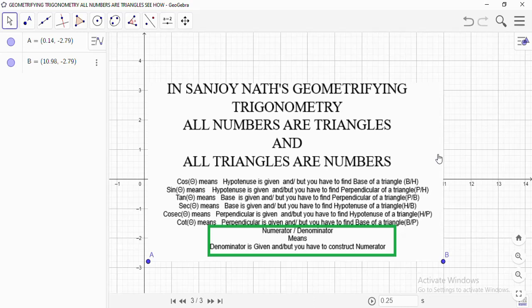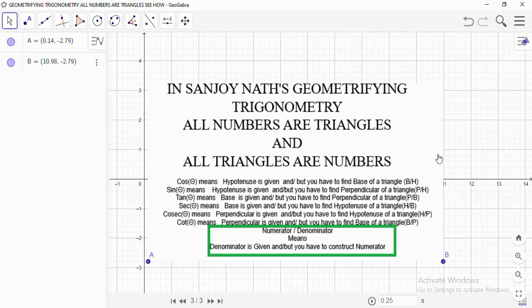I am making the videos in order, such that if you see them in order, you will connect the whole thing easily. When I showed the multiplication protocol in geometrifying trigonometry, I already explained and demonstrated with the GeoGebra file how the align and scale to fit construction mechanism works.